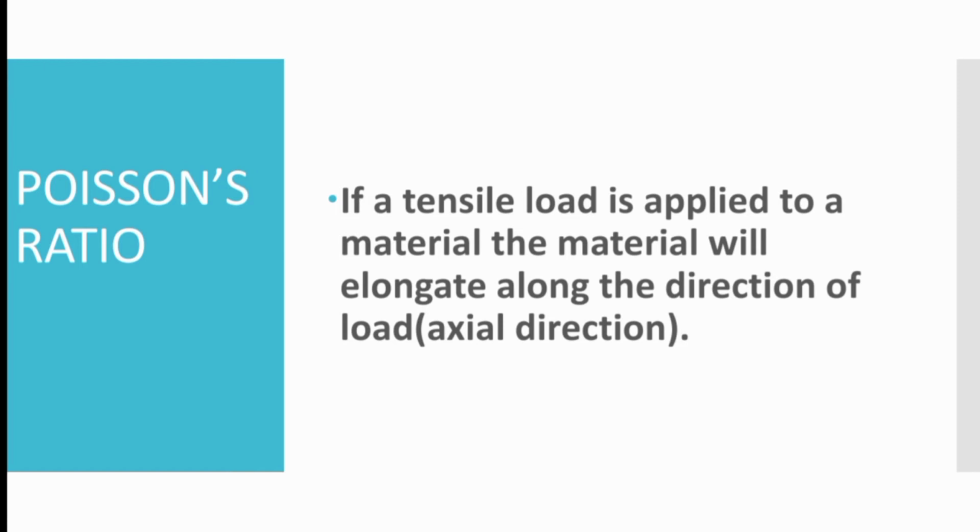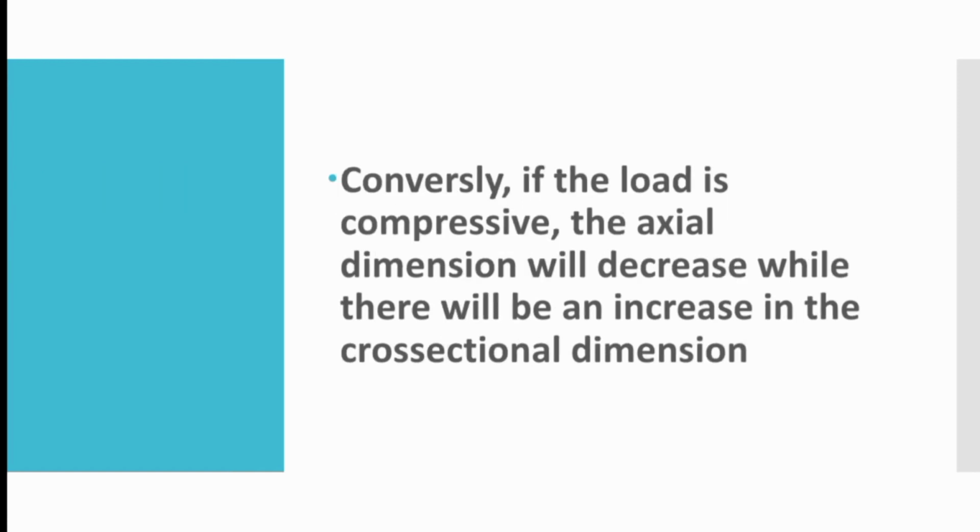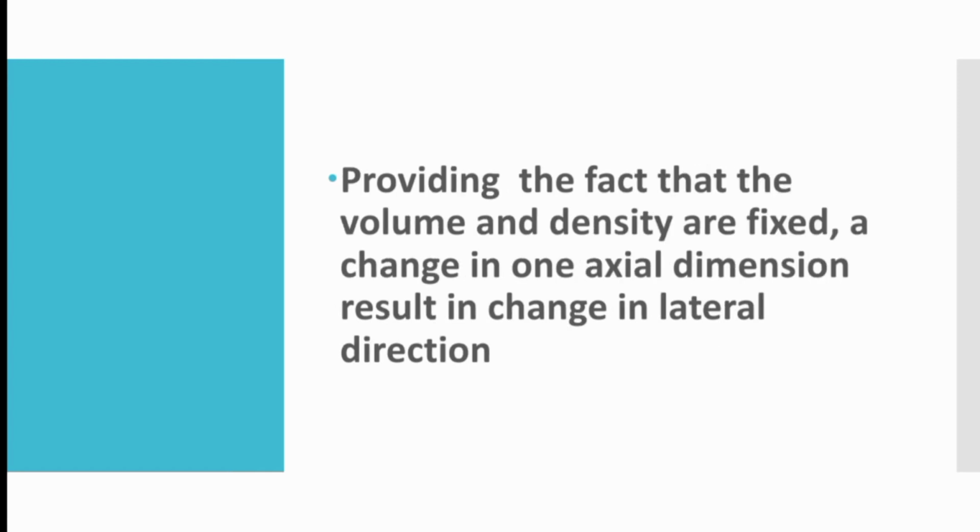Now we can look at the clear definition of Poisson's ratio. If a tensile load is applied to a material, the material will elongate along the direction of load, that is axial direction. Conversely, if the load is compressive, the axial dimension will decrease while there will be an increase in the cross-sectional dimension. Providing the fact that the volume and density are fixed, a change in one axial direction results in change in lateral direction.